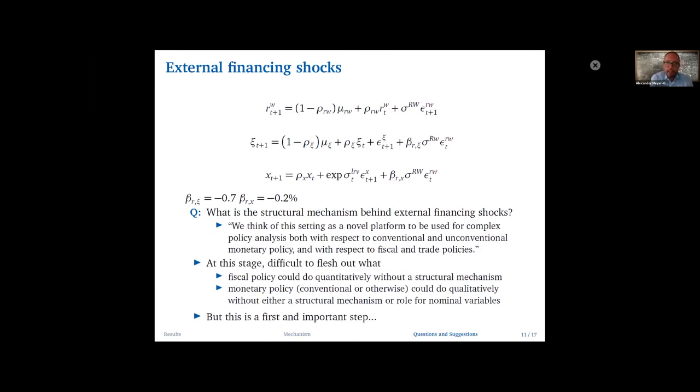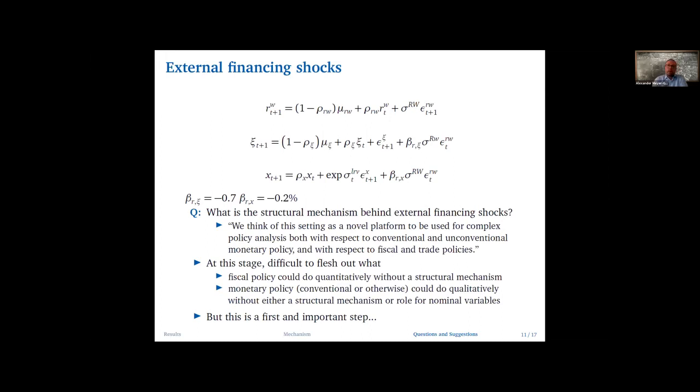Okay, so structural mechanism, I've mentioned that. If this setting is going to be used for complex policy analysis, especially when you start thinking about monetary, fiscal and trade policies, we've got to find that structural mechanism behind these shocks. How is this correlation going to be affected by policy? So yeah, first step, difficult. It's difficult to flesh out what fiscal policy can do quantitatively.